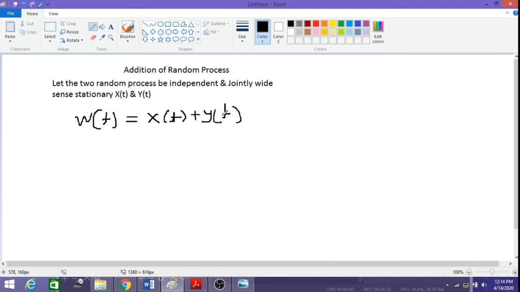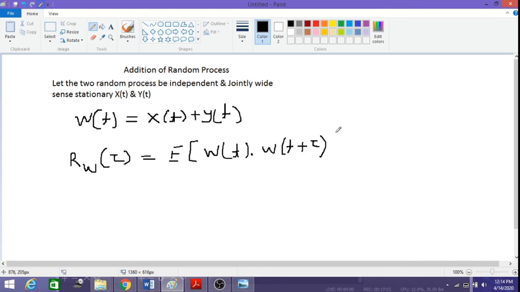Let us apply the autocorrelation function for W, and see what autocorrelation function results for this new random process. Let us write this as Rw of tau. From the definition, Rw of tau is nothing but the expectation of W of t into W of t plus tau.